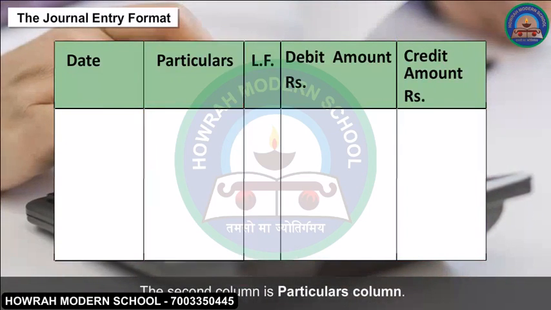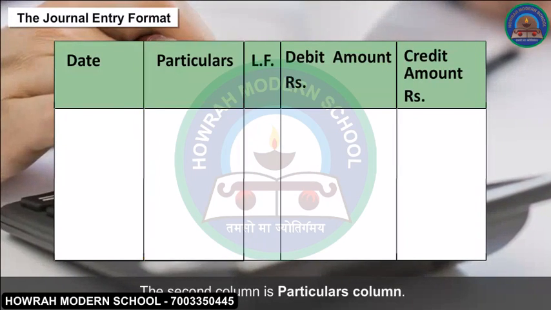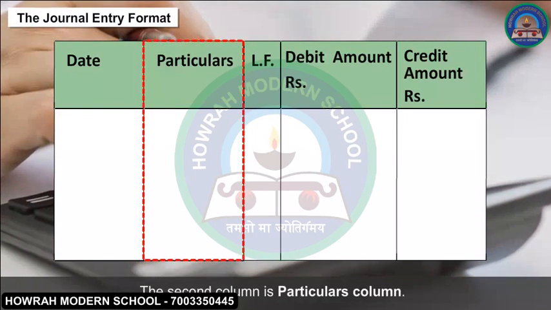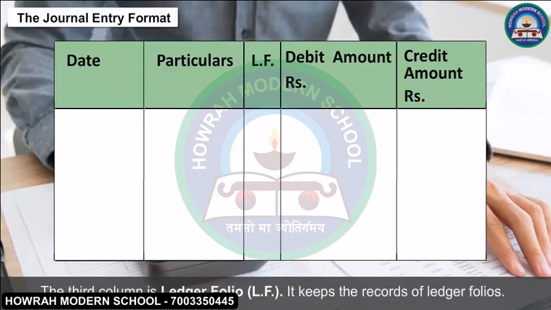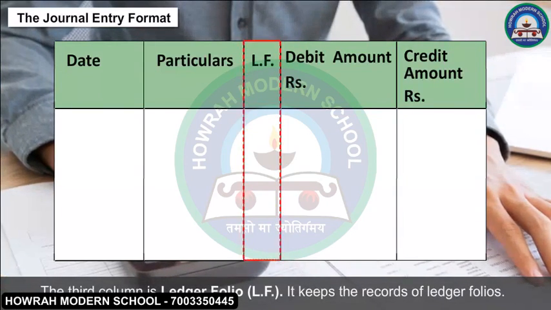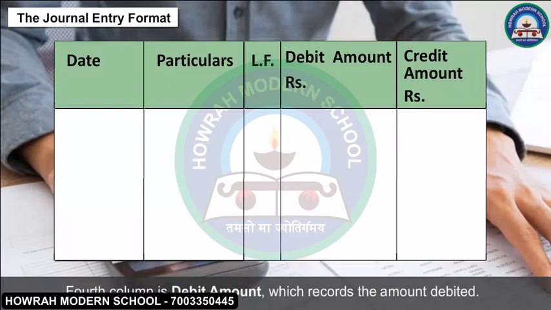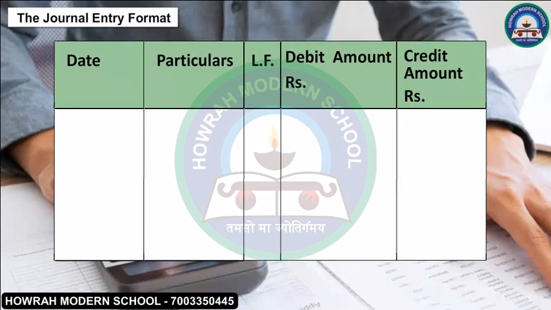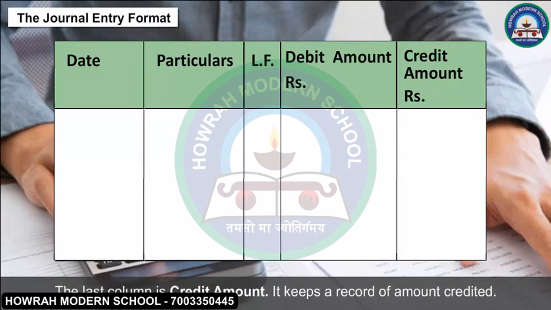The account title to be credited is written on the second line, leaving sufficient margin on the left side, with a prefix 'To'. The third column is ledger folio or LF. It keeps the records of ledger folios. The fourth column is the debit amount column, which records the amount debited. The last column is credit amount. It keeps a record of the amount credited.